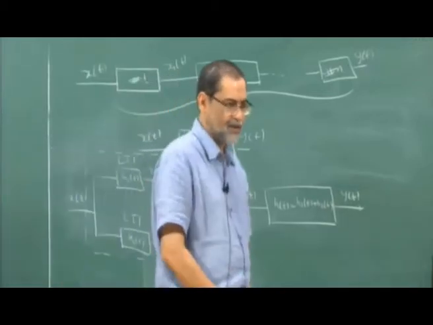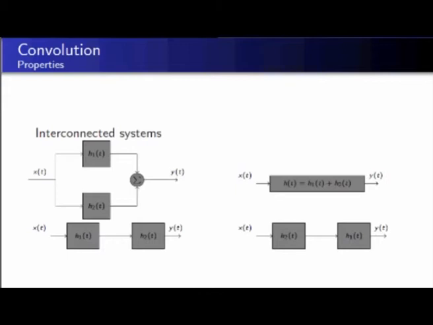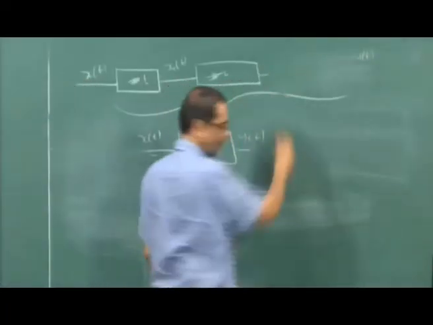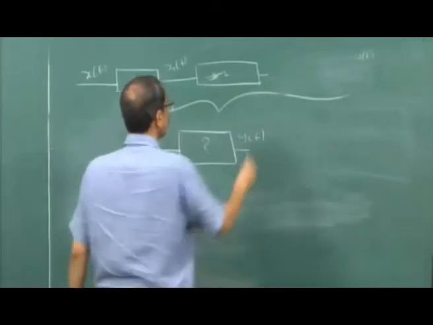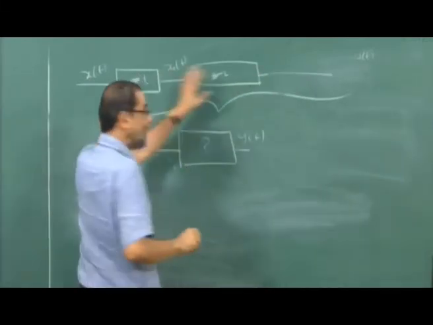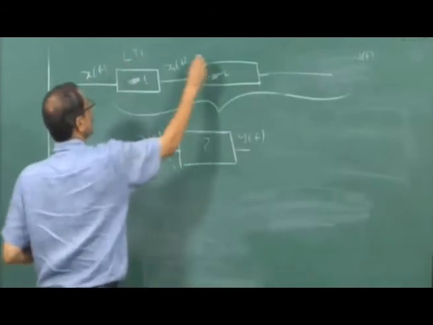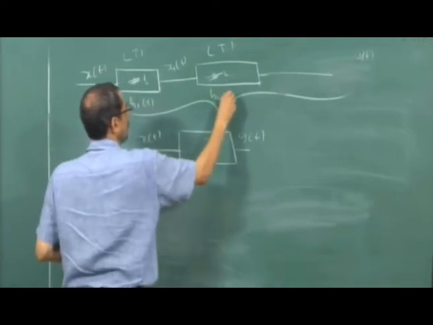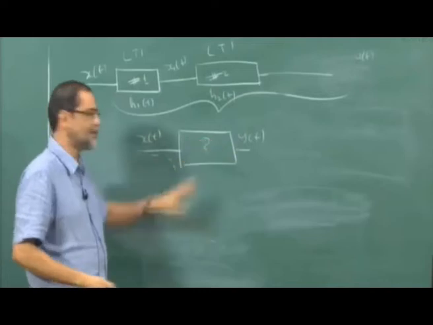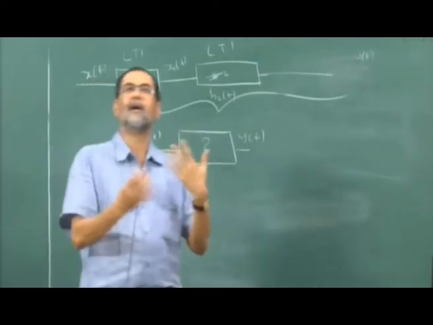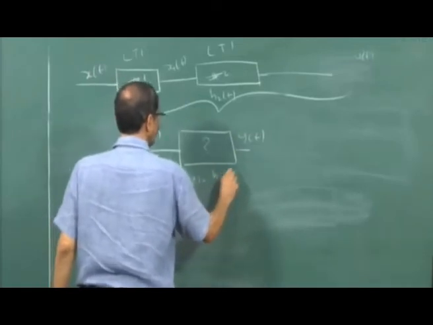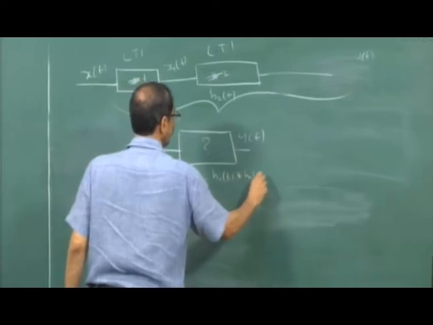Next, I talk about the tandem connection of systems, one after the other. Multiple things are possible. Let me just take two systems rather than n systems for the purpose of illustration. If the constituent systems are LTI, with impulse responses h1 and h2, then the combined system will have a new impulse response h of t, which you can show is the convolution of h1 and h2.